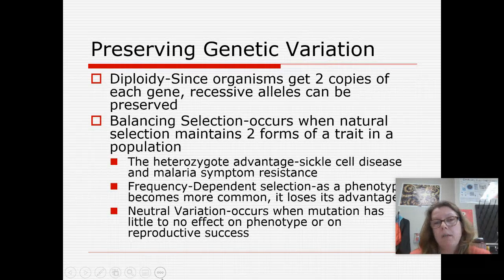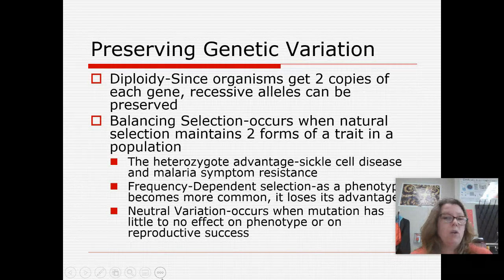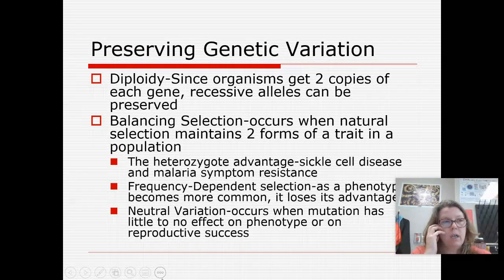You have 2 copies of every single one of your alleles, right? So if a preferred trait is dominant, the recessive is still going to persist, even though that's not the preferred trait in the population. It's the trait that would be selected against. But you can be heterozygous for your dominant allele, which means you have the preferred trait, but you're still carrying that recessive, not preferred trait around with you. So heterozygotes are always going to preserve that genetic diversity.